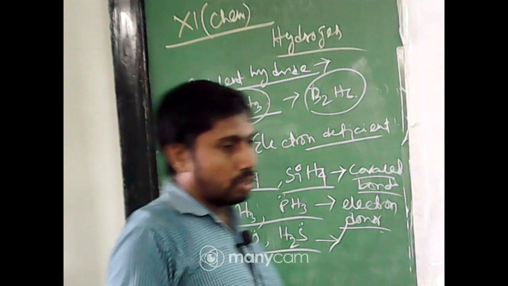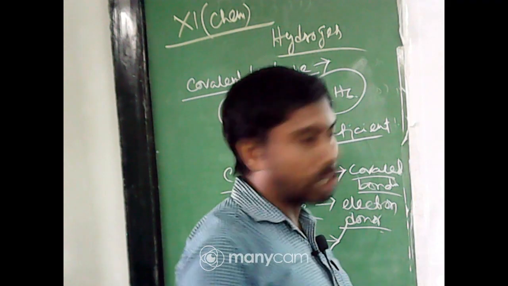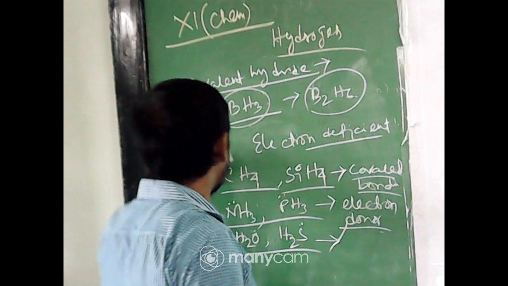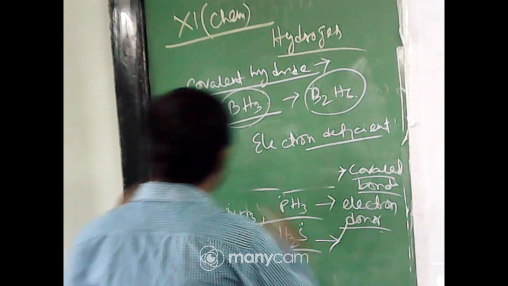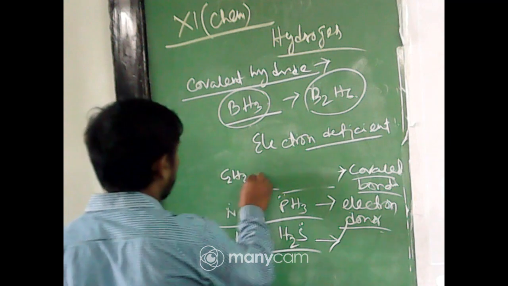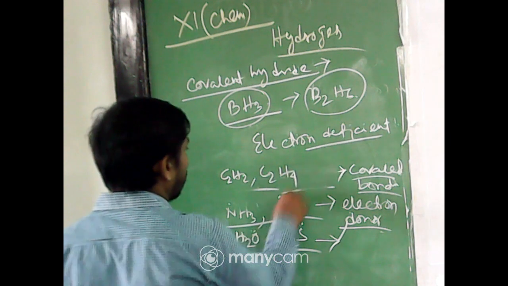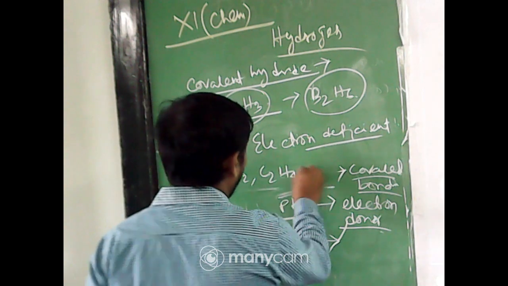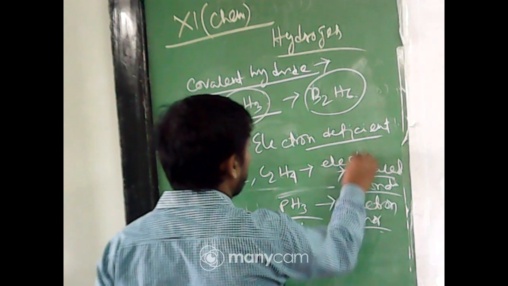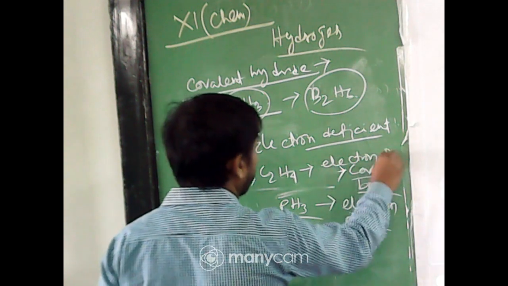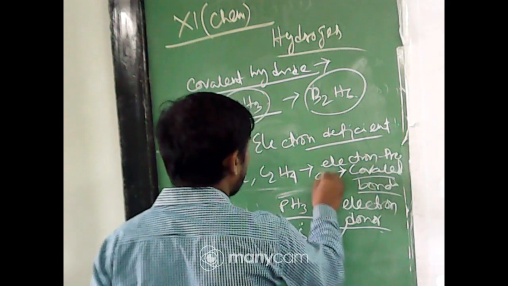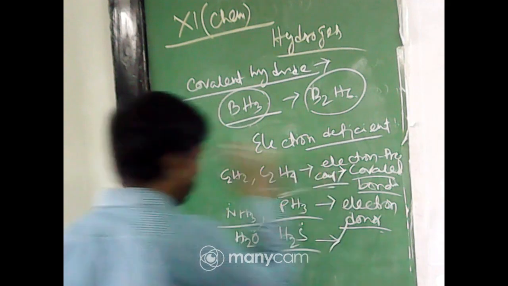Now compounds like C2H2 and C2H4 are electron precise compounds.